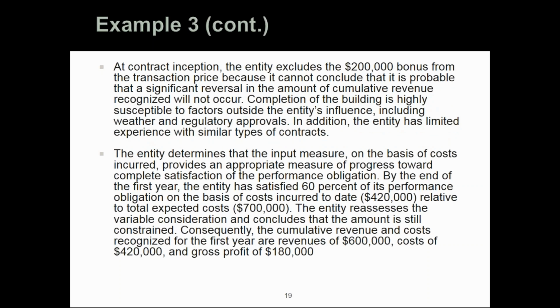We just don't know if it's probable that we're going to earn that, and if we start recognizing that revenue up front, there's too much that's beyond our control in this case to include that $200,000 bonus. And so we're going to defer that revenue until we get to the point where we think a future reversal of that $200,000 is remote.